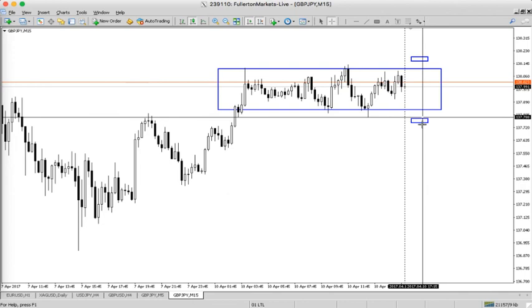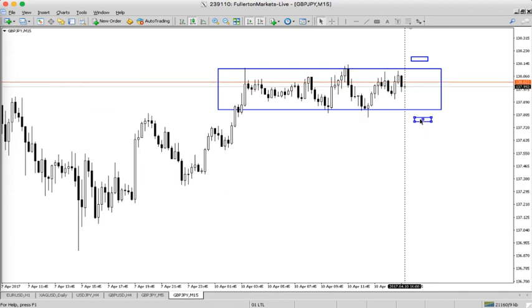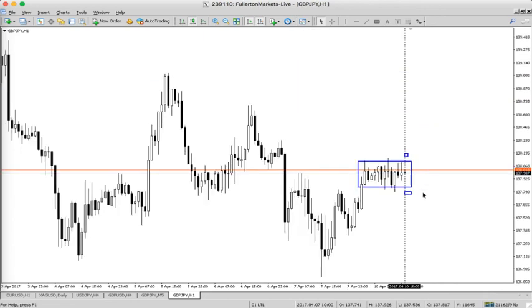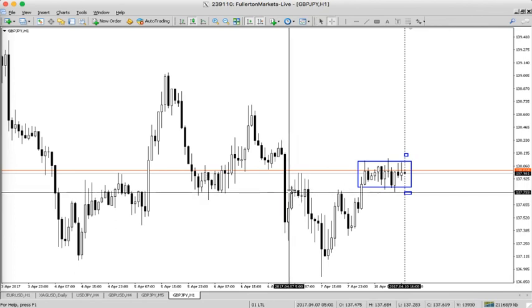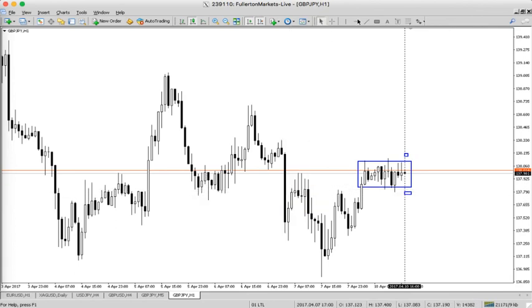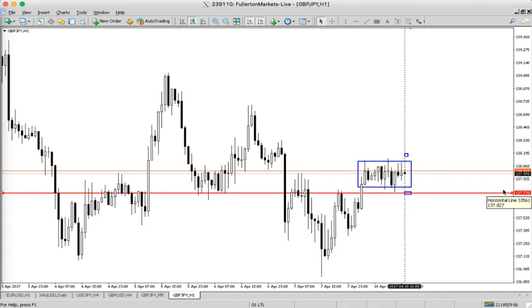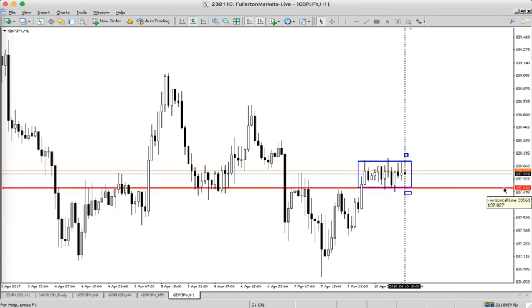Okay, I'm refining my entry. If I switch back to the H1 chart, you will notice the consolidation over here, and you'll see a very nice area of convergence around 137.83.